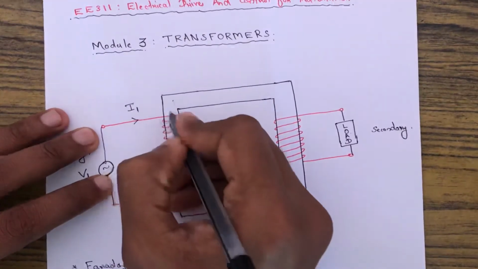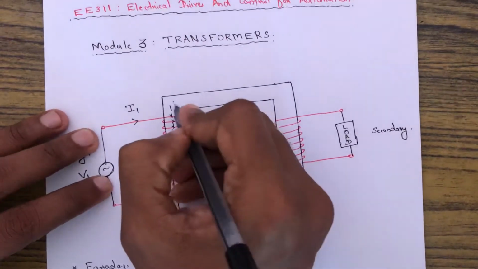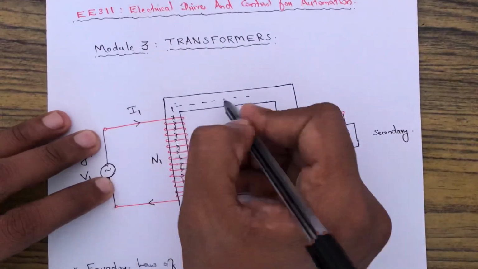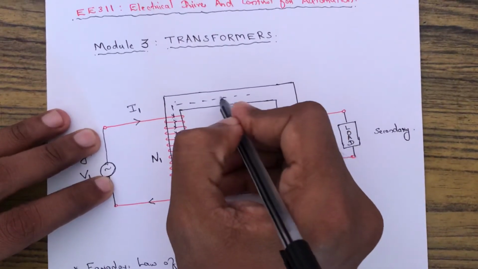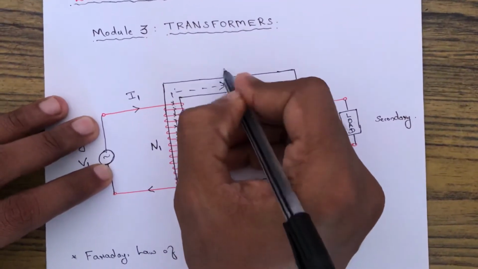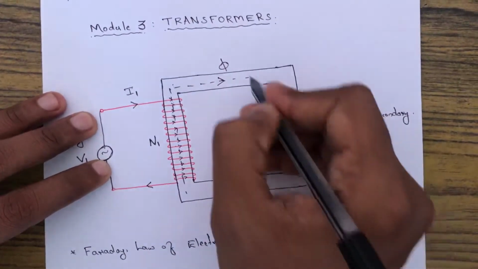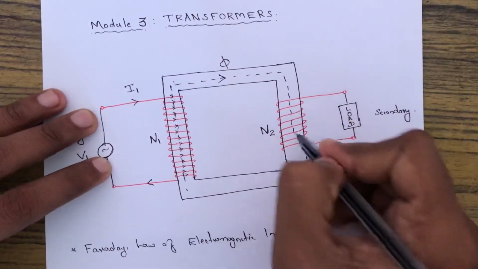Since it is an iron core, which provides a lower reluctance path, this flux will flow from the primary to the other winding.